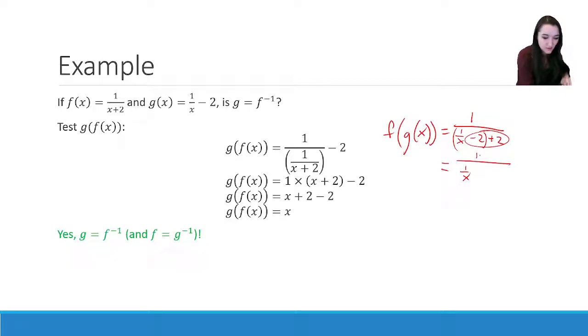Then, well, 1 over x is 1 times x over 1, which is just x. So it works that direction as well. So it should always work in both directions if it's going to work at all. So it's good to check your work by testing it f of g and g of f. But technically, having one of them is enough to say, yes, it is the inverse.